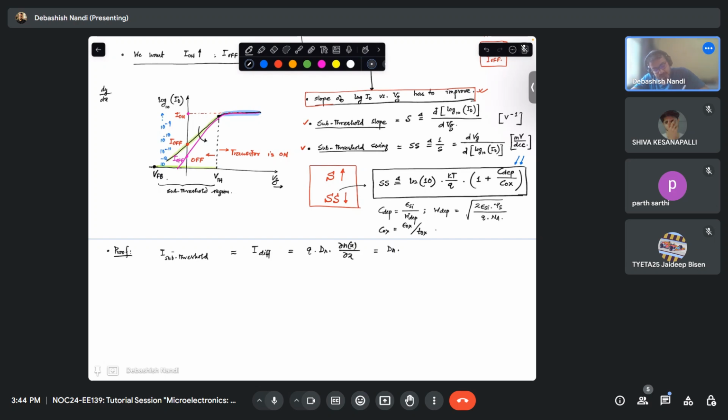So you take your dN, that is D times q inversion charge over dx. You express your q inversion charge as a function of... Can you tell me what comes to your mind immediately: what will your q inversion be a function of? Is it the function of gate voltage or the function of drain voltage?